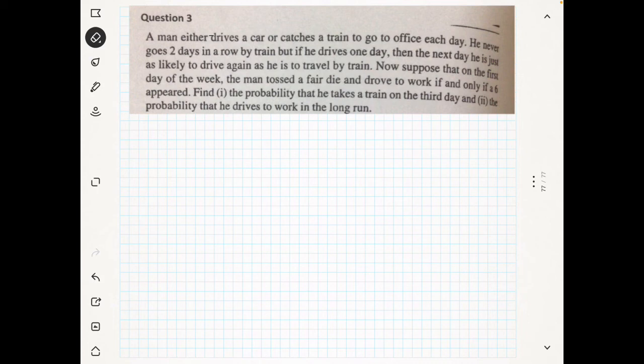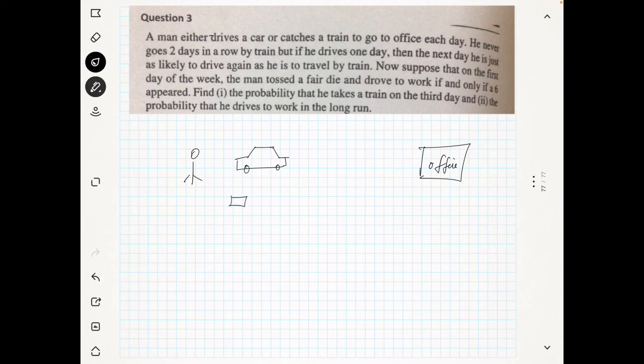So this is a man and this is his office, and he may go by car, this is his car, or sometimes he may go by his train, so this is the train. So he has two choices, one by car and one by train, to go to the office.